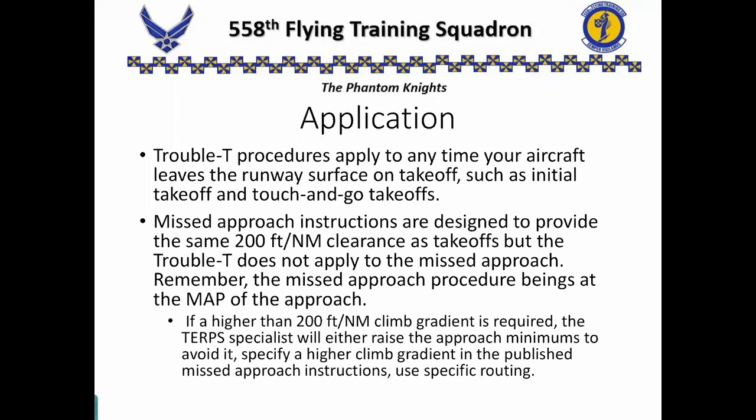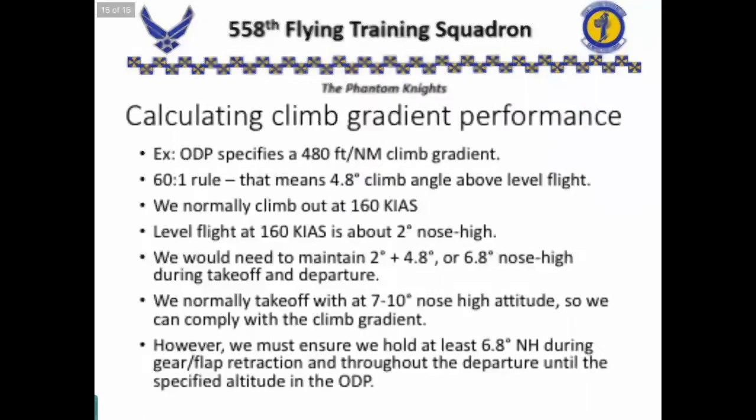If he needs to use a higher climb gradient, then he will publish that in the published missed approach directions. So normally, we don't need to worry about that treble T if I'm doing a missed approach. But anytime I am going into a field, I want to know if there's a treble T, just in case I do have to do a touch and go or do a missed approach. I want to be familiar that there are some special procedures out there.